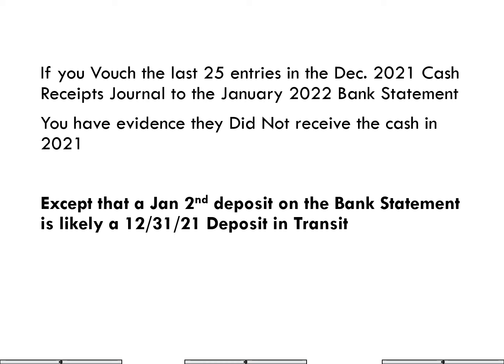If you vouch the last 25 entries in the December cash receipts journal to the January bank statement, then you have evidence that they did not receive the cash in 2021. Make sure you remember that the last cash receipt in 2021, the December 31st cash receipt, will probably be a deposit in transit and will most likely show up as a deposit on the January bank statement dated January 2nd.